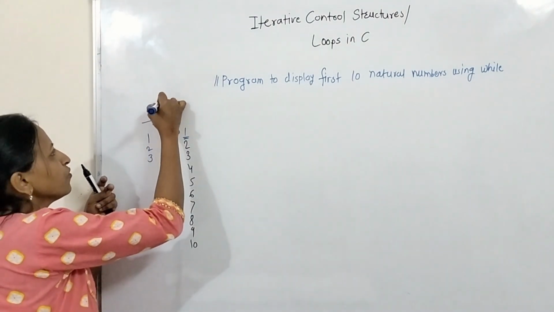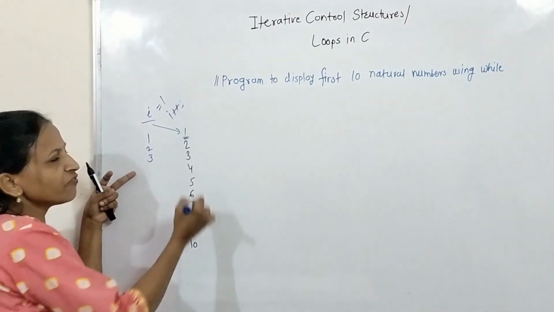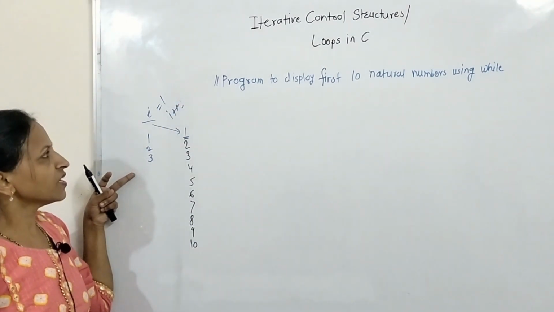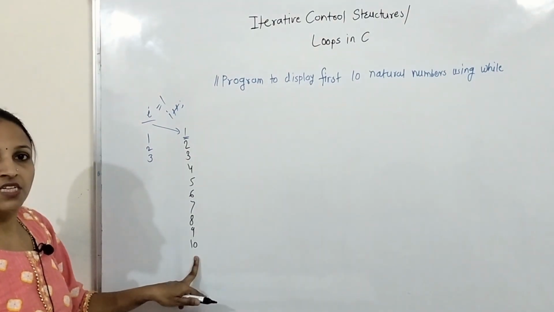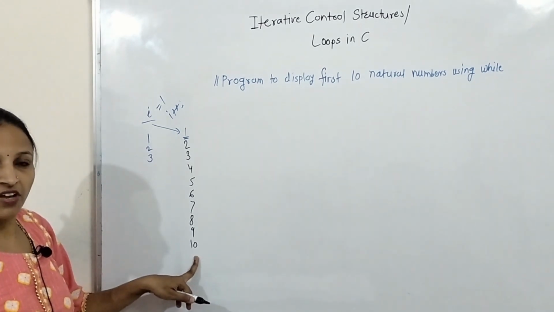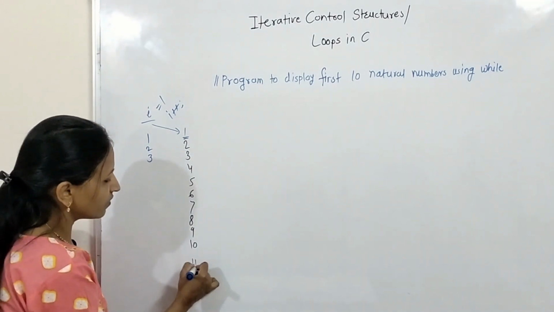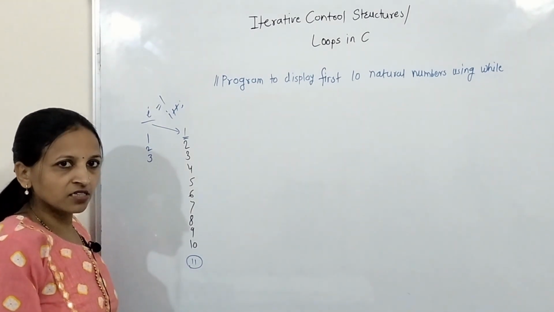It means the initial value of i will be 1, and every time we will increment the value of i by 1, that is i equals i plus 1, or we can write i++, until the value of i is 10. Do this. Whenever the value of i becomes 11, don't do this task. What will be the end condition?